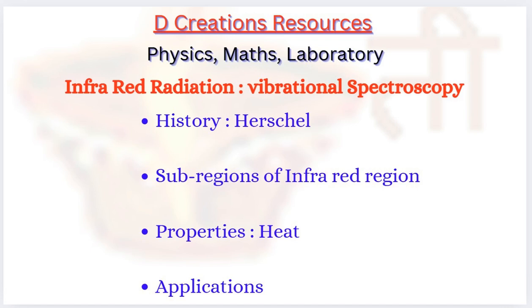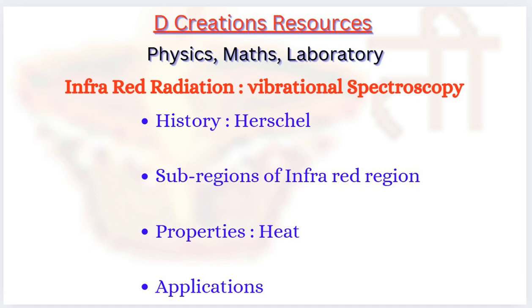Please understand that in terms of their interaction with the human body, the near infrared, mid infrared and far infrared regions have different penetration power. Now, infrared radiation is not visible; we can't see it.